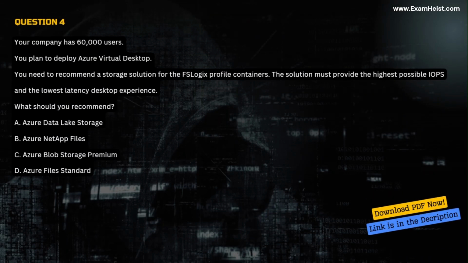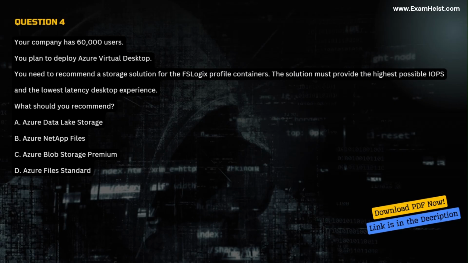Question 4. Your company has 60,000 users. You plan to deploy Azure Virtual Desktop. You need to recommend a storage solution for the FSLogix profile containers. The solution must provide the highest possible IOPS and the lowest latency desktop experience. What should you recommend? A. Azure Data Lake Storage. B. Azure NetApp Files.